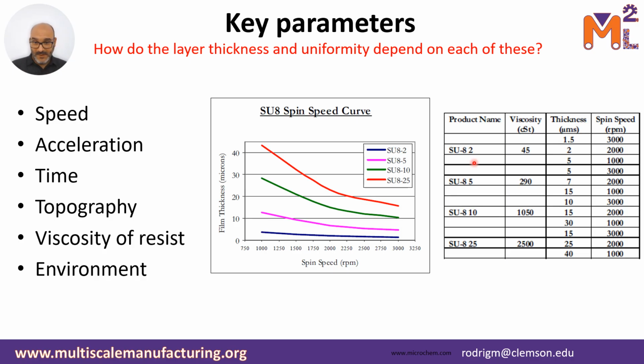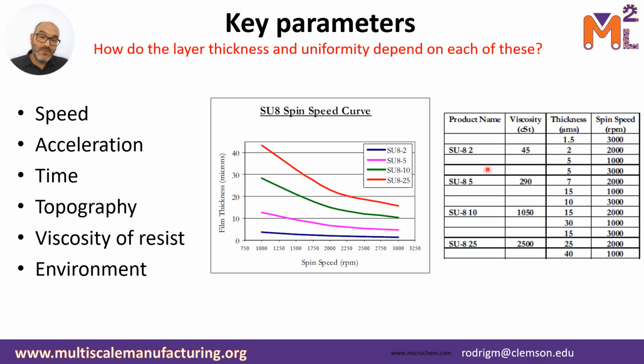So for example, in the table on the right, you have different formulations of SU8. These are the formulations from Kayaku, or they used to be Microchem, right? So here you have SU8 2. You have different viscosities, and also recommended spin speeds for the thickness that you will be attempting, right?